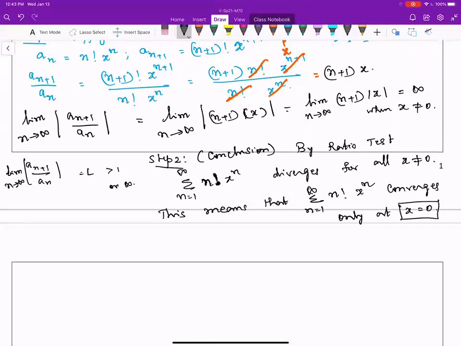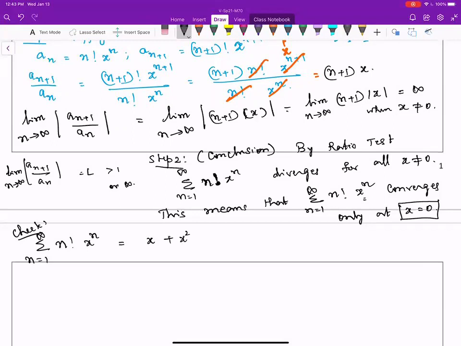Also, you can check this by plugging in x equal to 0 into sigma factorial n x to the power n, n varying from 1 through infinity. The terms are: when n equals 1, it's factorial 1 times x to the power 1, and factorial 1 is 1.